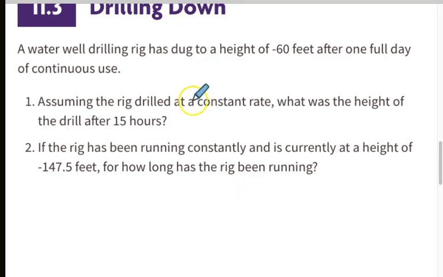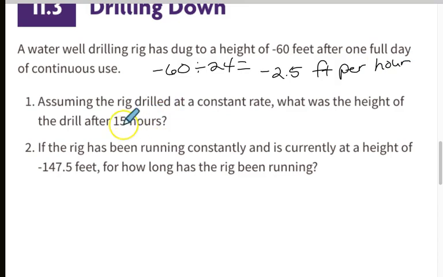Well, constant rate we need to know, and it's going continuously. So if I take negative 60 and I divide that up by every hour in the day, so divide by 24, that means that the drill is digging at negative 2.5 feet per hour.